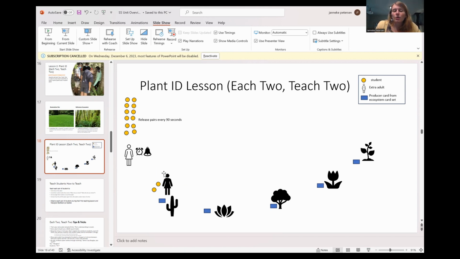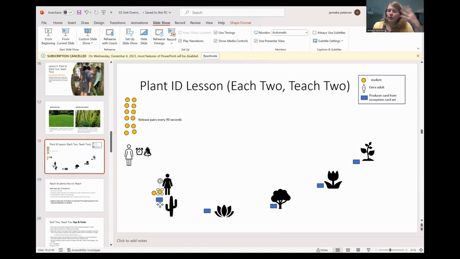You have 90 seconds to teach these students about their plant. At the end of the 90 seconds, you hand them their card and tell them that they are now planting with their plant, because they're the teachers of this plant. They will stay with this plant for a long time and teach about it to their students. A minute and a half has gone by.